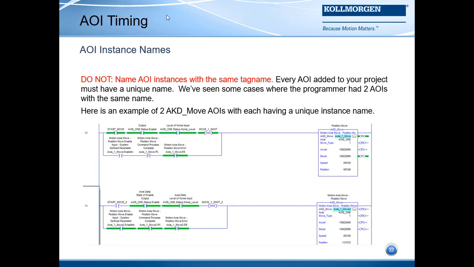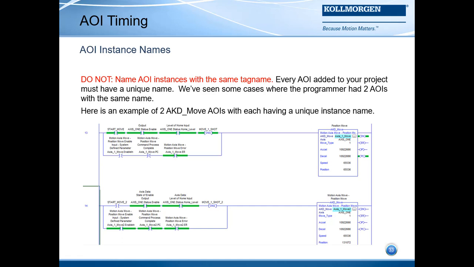Add-on instruction instance names. Do not name add-on instruction instances with the same name or same tag name. An instruction added to your project must have a unique instance name. We've seen some cases where the program had two add-on instructions with the same name, and this can cause undesirable behavior.